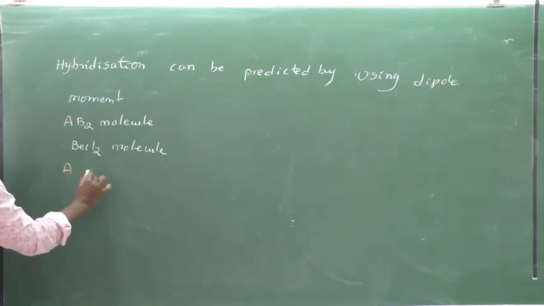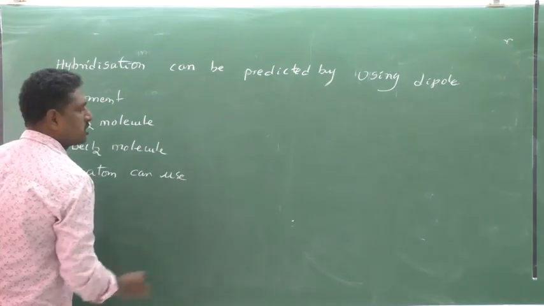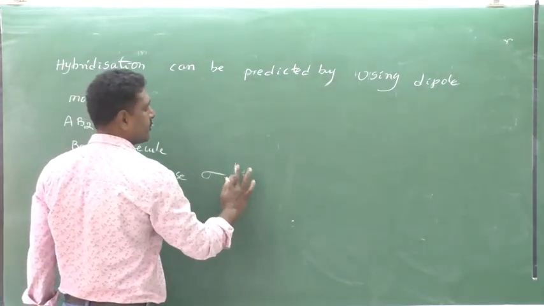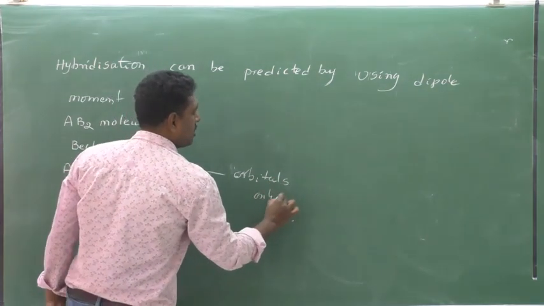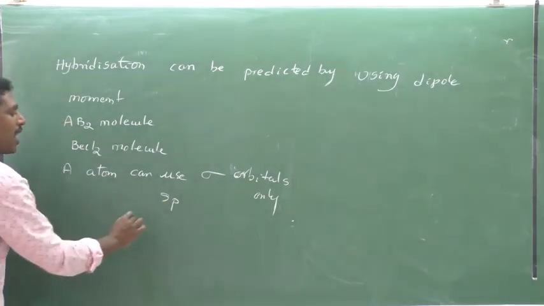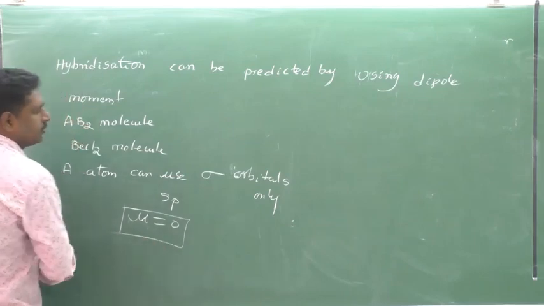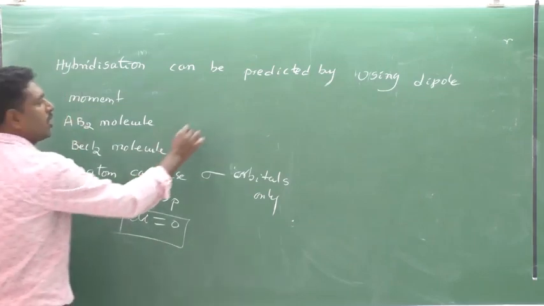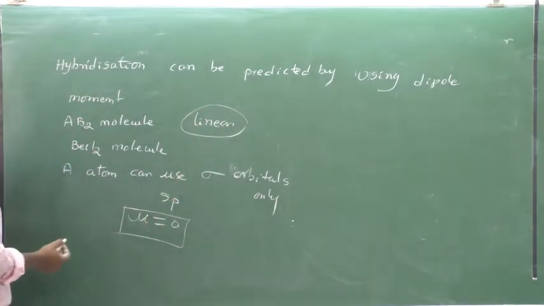If the A atom uses sigma orbitals only, then its hybridization is sp and mu is equal to 0. The shape of the molecule is linear, a regular shape. So sp hybridization means regular shape, therefore linear shape.